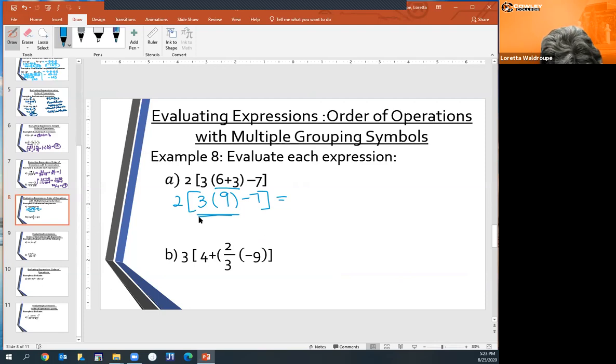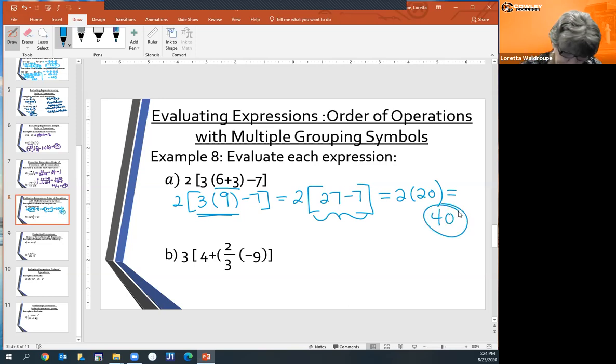I'm still trying to simplify what's in the square brackets. Still simplifying what's in here. 27 minus 20 is 20, and 2 times 20 gives us 40. Innermost parentheses first.